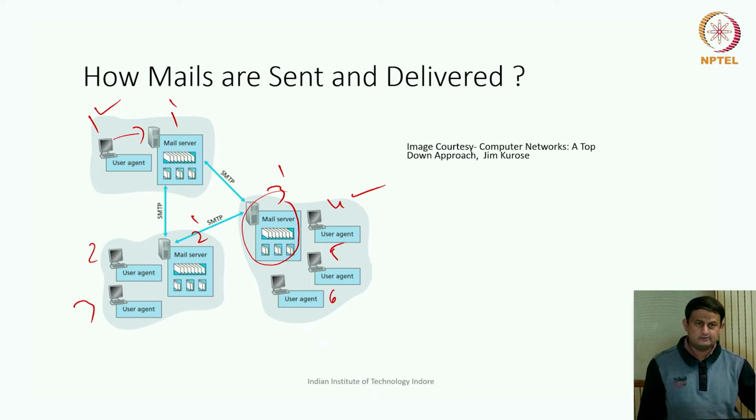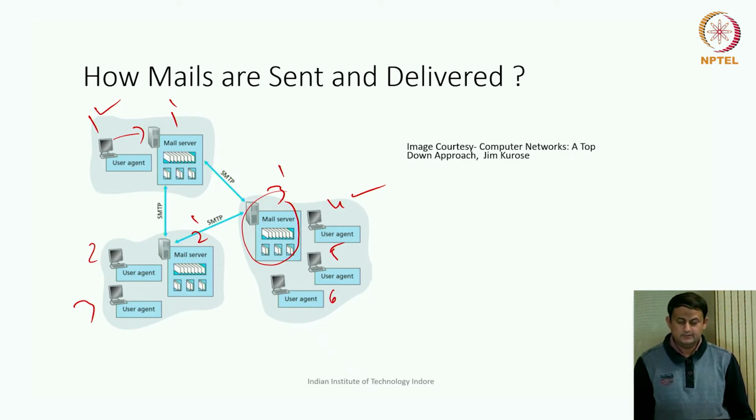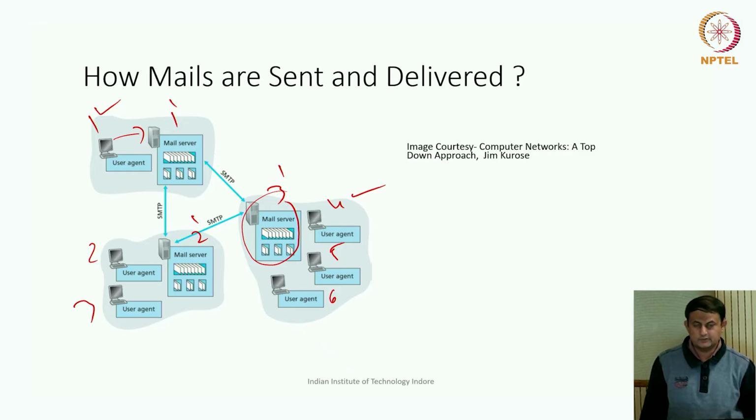It might take multiple attempts before the mail is delivered. Between mail servers, the communication usually happens using the protocol called SMTP, and there are other protocols defined just to download the message from the mail server.